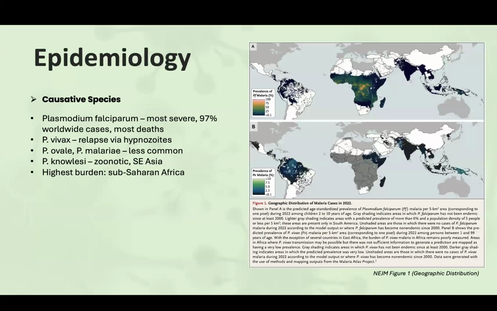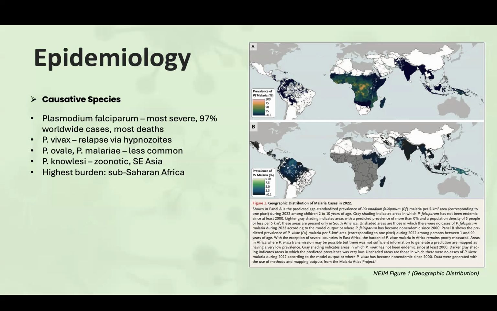Epidemiology. So there are many different causative species of malaria, all beginning with the genus Plasmodium and then have different ones from that. So Plasmodium falciparum is the most common and most severe disease. It causes a lot of microvascular sequestration and the most deaths.